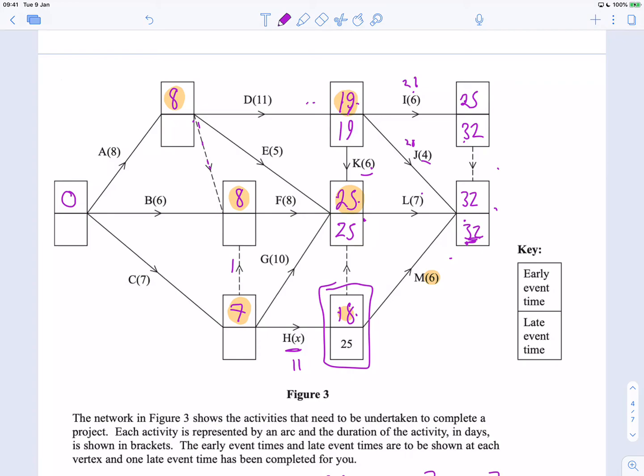If I go 18 back 11, oh, that's going to be 7, but 25 back 10 here is 15. But I have to look at this thing here, that's not a 1. 25 back 8 is 17.